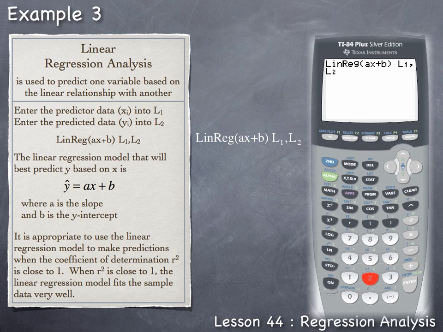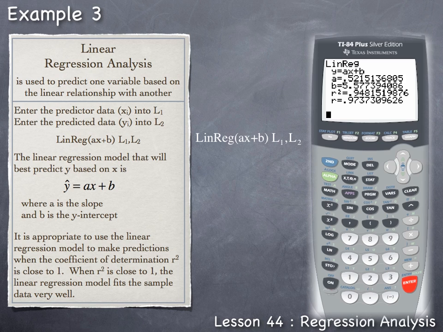Press Enter, and we've calculated the linear regression model. Here, the linear regression model that will best predict y based on x is y hat equals 0.522 times x plus 5.577, where a is the slope and b is the y-intercept.